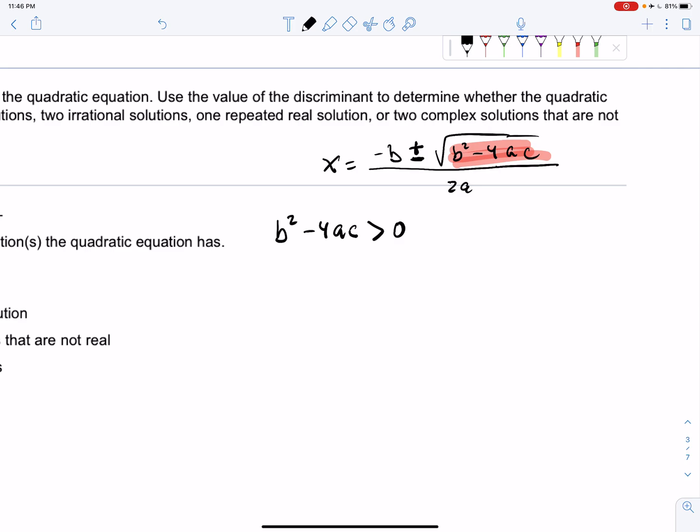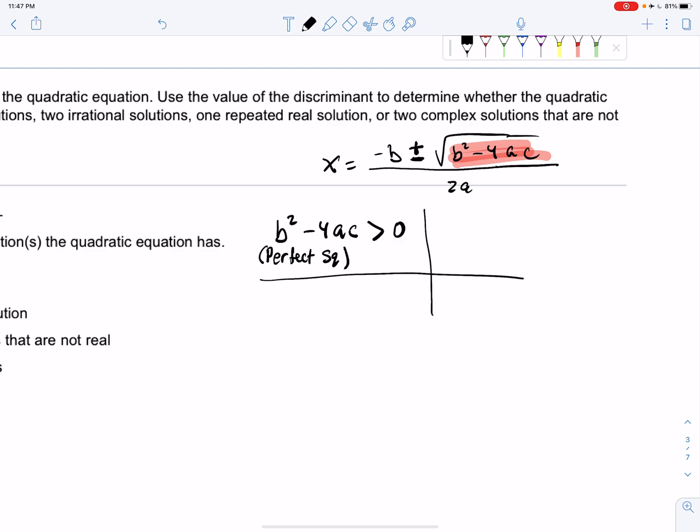if it's greater than 0, and let's also say it's a perfect square. What's a perfect square? Like 4, 16, 25, 36, 49, right? It simplifies down, perfect square. If that discriminant is greater than 0 and a perfect square, well, what's going to happen?